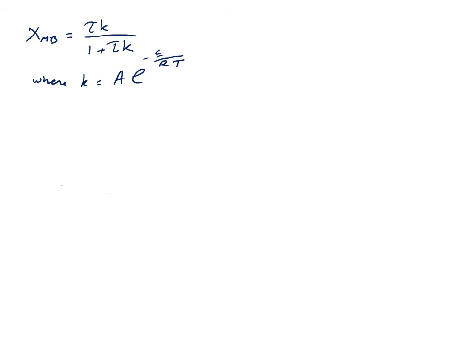Okay, so can we calculate now XMB and therefore calculate the GT, which was XMB times minus delta H reaction? Can we do this? Yes, we can, because once we plug the temperature here, we can calculate K. We already calculated tau earlier.